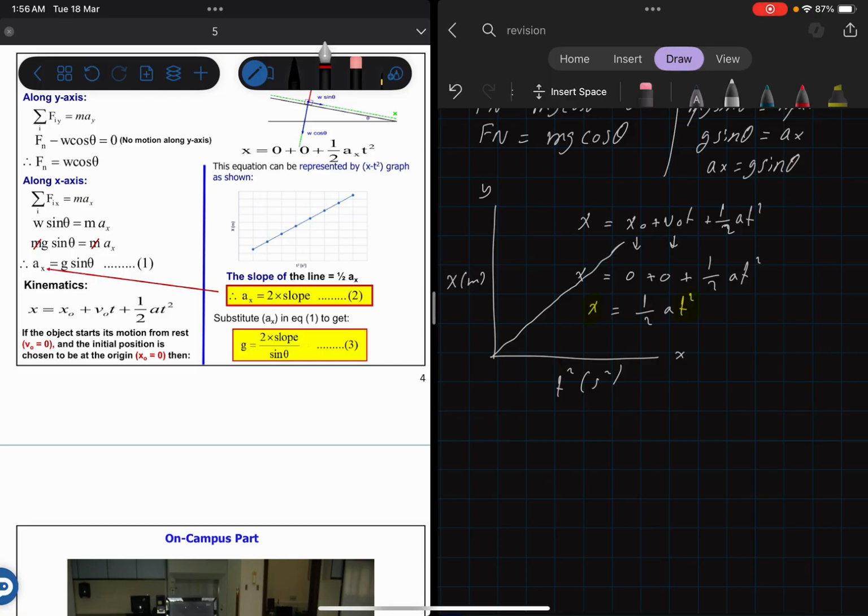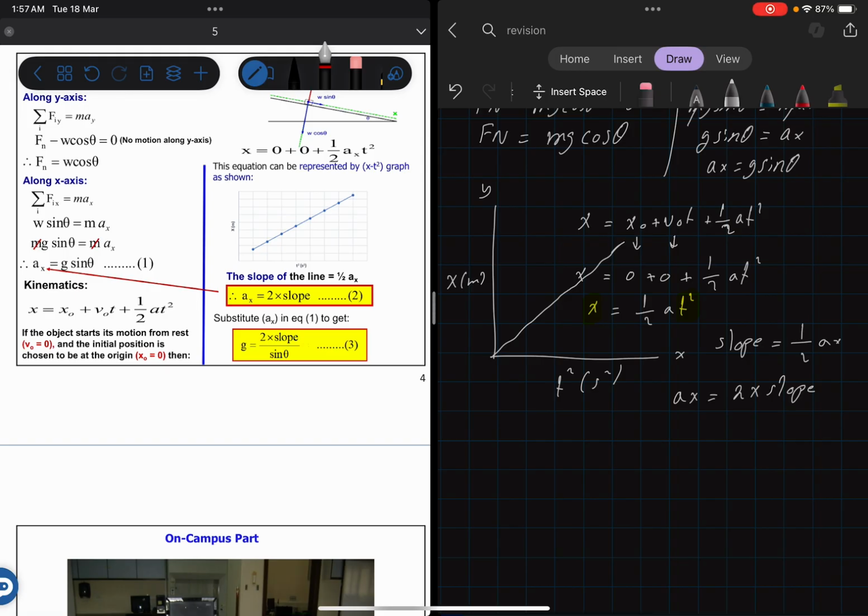So we end up with the slope, which is half ax. And if we want to find ax, it will be 2 times the slope.